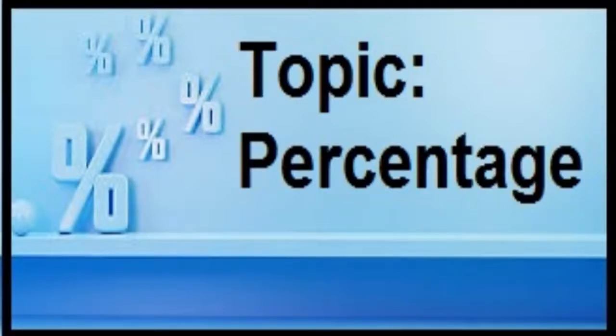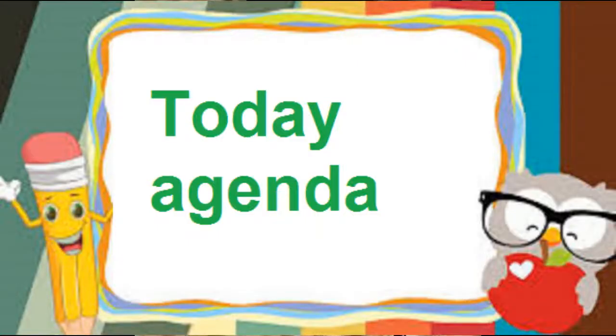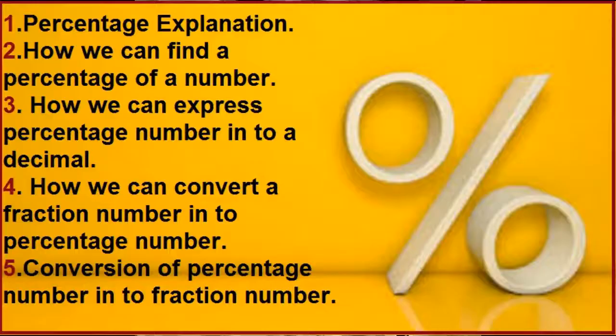Now, our agenda: today we will try to complete these main topics in this chapter. The first point is percentage explanation. The second is how we can find a percentage of a number.